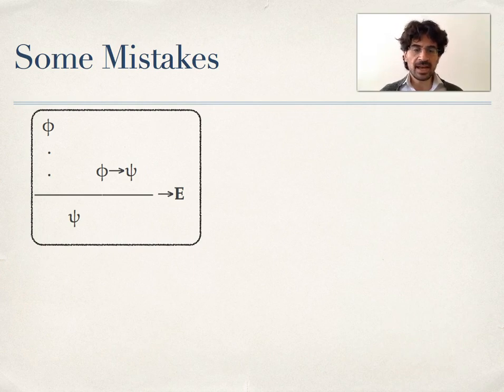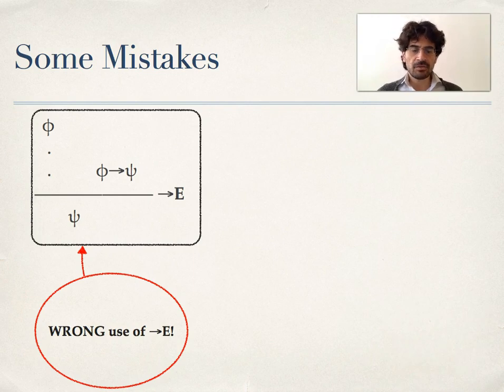This is a wrong application of the rule for implication elimination, and it is wrong because phi and phi implies psi are not on the same line. They have to be at the same level. One formula cannot be further back or further up in the tree, and then the formula phi implies psi down in the tree. They have to be in the same line.